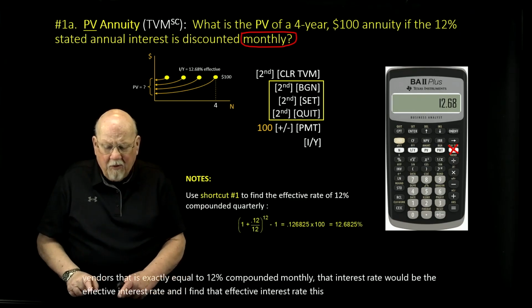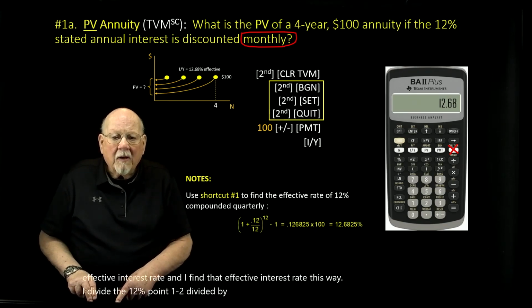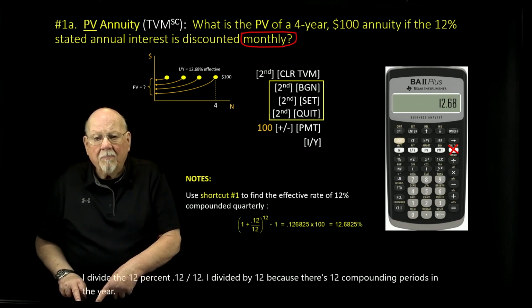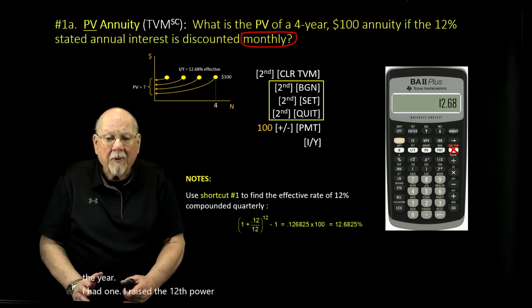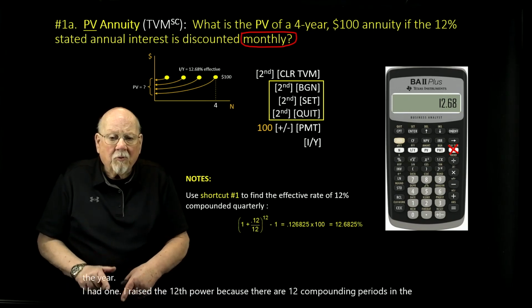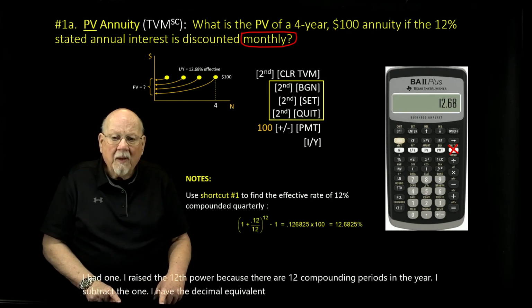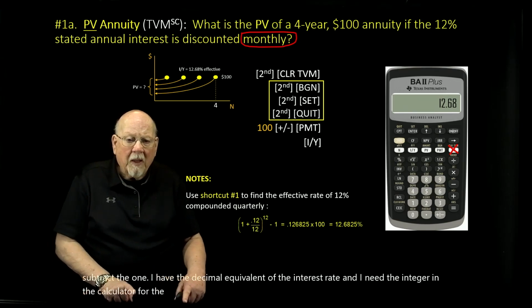I divide the 12%, 0.12, by 12, because there are 12 compounding periods in the year. I add 1. I raise it to the 12th power because there are 12 compounding periods in the year. I subtract the 1. I have the decimal equivalent of the interest rate, and I need the integer in the calculator for the worksheet. So I have to multiply it by 100.